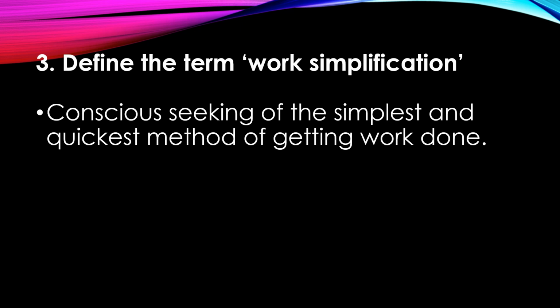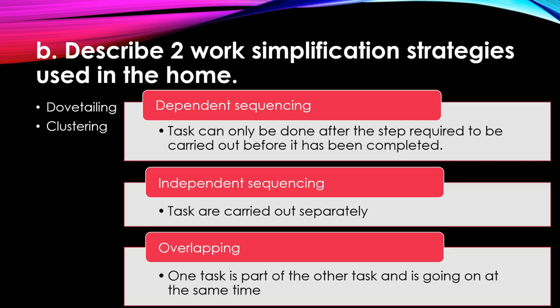Number 3, define the term work simplification. Work simplification can be defined as the conscious seeking of the simplest and quickest method of getting work done. To consciously seek the quickest and easiest way of getting work done, one needs to have knowledge of work simplification strategies.